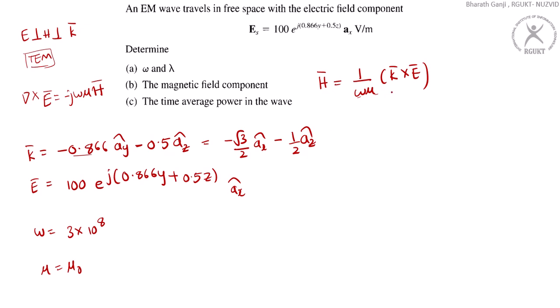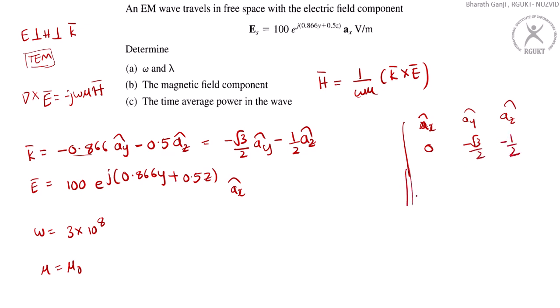First of all, what is this curl? The curl can be expanded in Cartesian as ax cap, ay cap, and az cap. I can see that k bar does not have an x component, and it has a y and z component. So this is minus root 3 by 2 and this is minus 1 by 2.